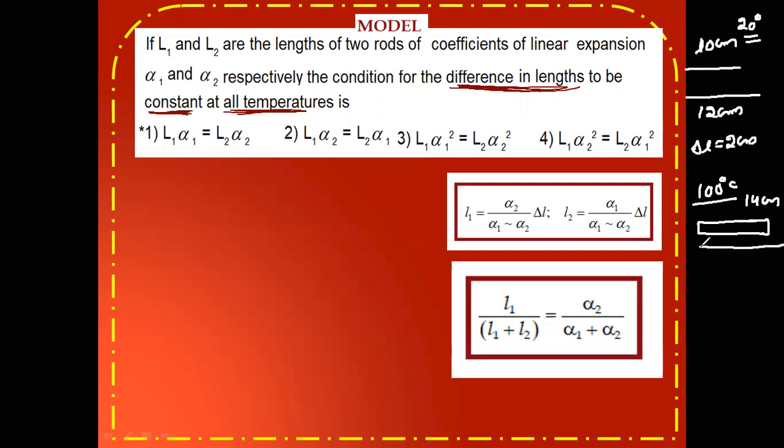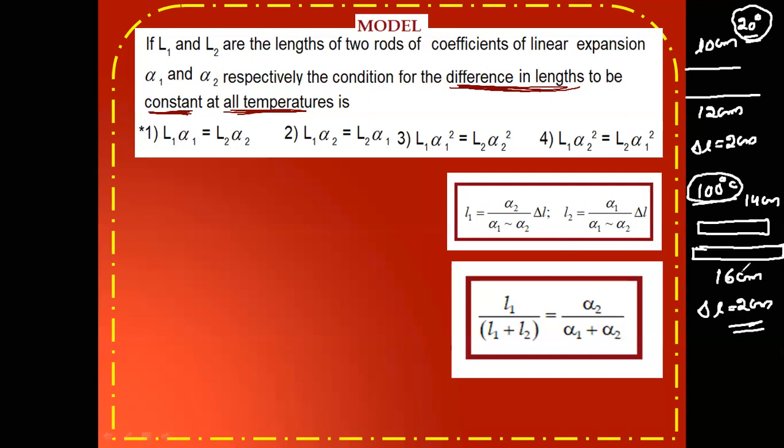The second rod has to be expanded to 16 centimeter. So here also delta L is equal to how much more? 2 centimeter. It is the condition. That means the difference in the length, even at 20 degrees Celsius or even at 100 degrees Celsius, is the same.